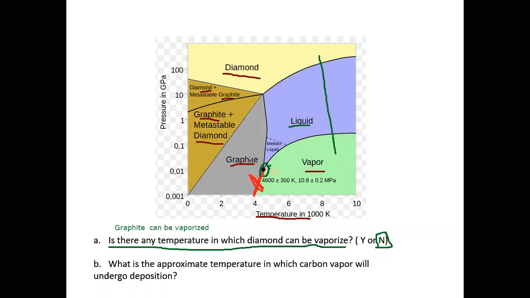Now, what's the approximate temperature at which carbon vapor will undergo deposition? So again, deposition, what does that mean? That means that we're going from a vapor to a solid.